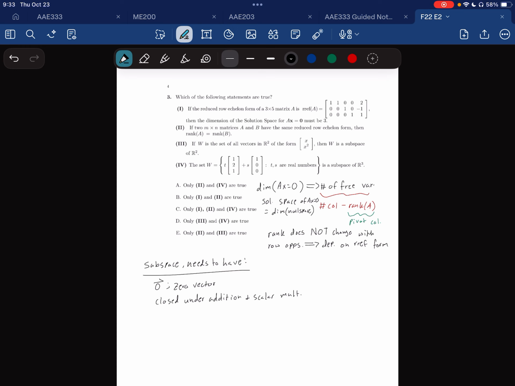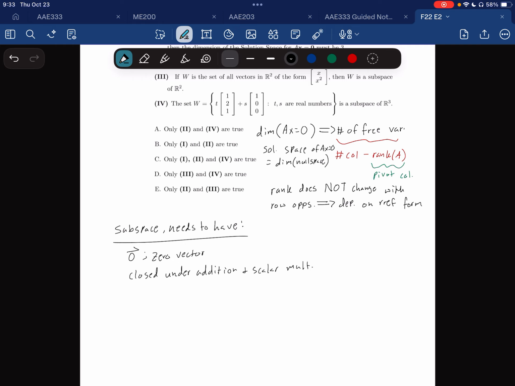What you have to know here is that the span of a set of vectors in a vector space is always going to be a subspace of that vector space, because these two vectors are spanned.